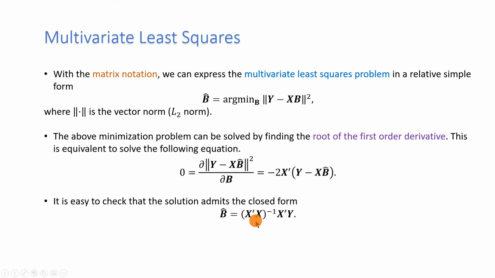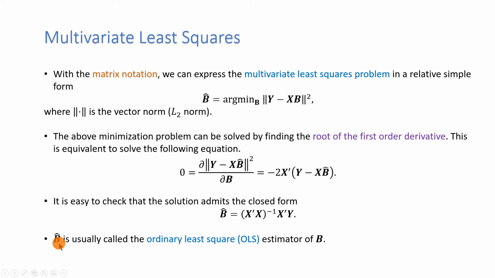In that case, x transpose times x is not invertible, and we will not be able to calculate this ordinary least square estimator B hat, right? So this term is only invertible if we have n greater than p plus 1. That's why we need to impose the assumption that n is greater than p, or n is greater than p plus 1, to make sure we have a valid closed form solution of your vector of coefficients B, okay?